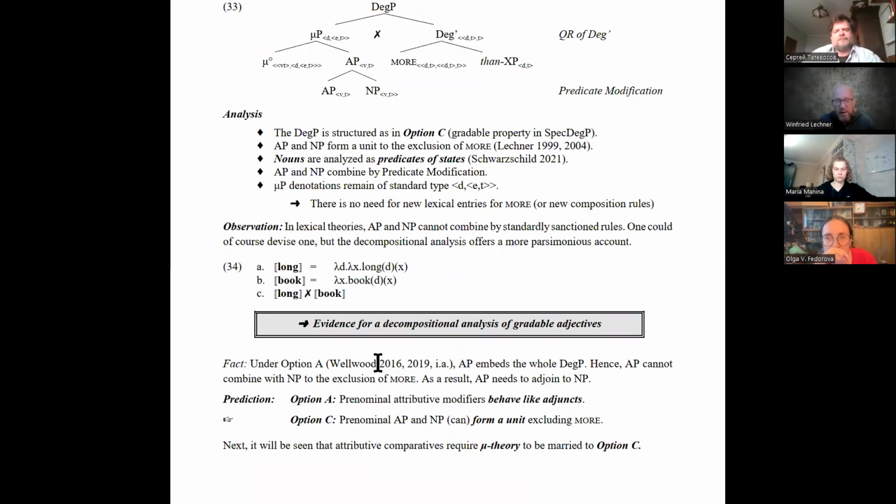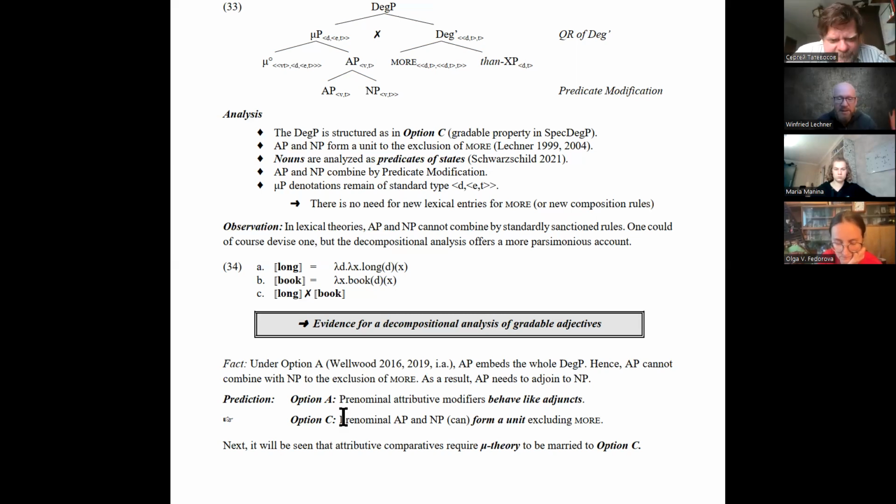Given these two facts, we make two predictions about how these two phrase structures make attributive comparatives behave. On option A, the only way to combine the comparative, long or whatever, with the noun phrase, the NP, book, is to have the whole comparative, longer than blah blah blah, adjoined to book.